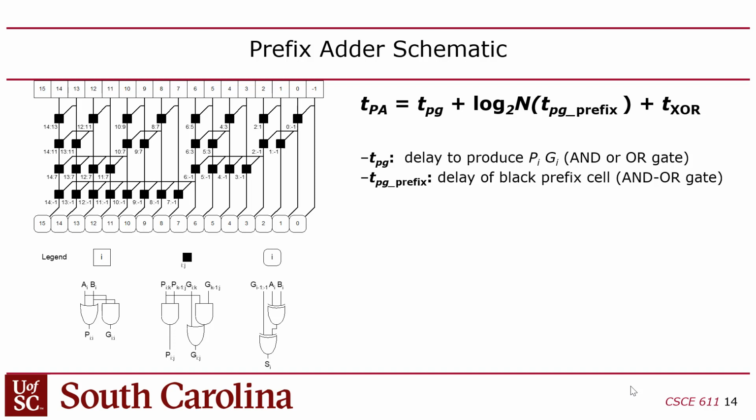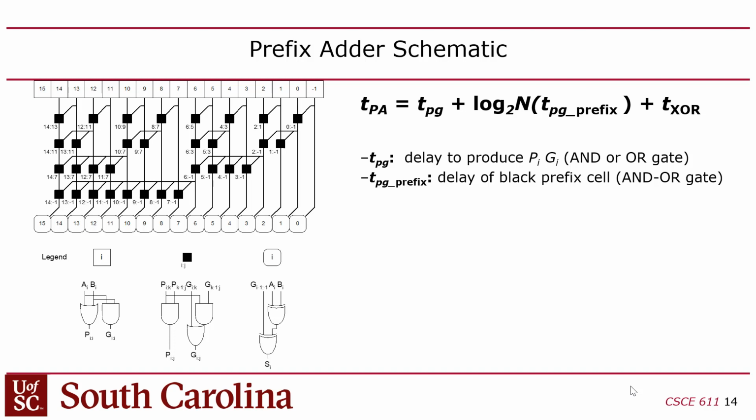And the goal is to get the propagate and generate for every single final bit, every column. So your goal is to get the generate for this column 2, you want to get for bit 2 down to -1. And the generate for -1 is the carry in, the top level carry in.